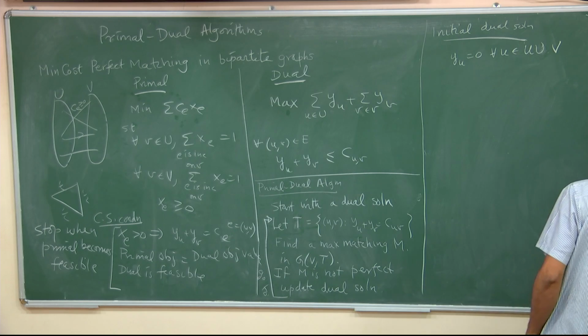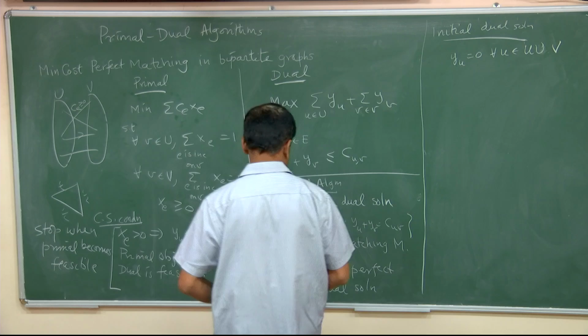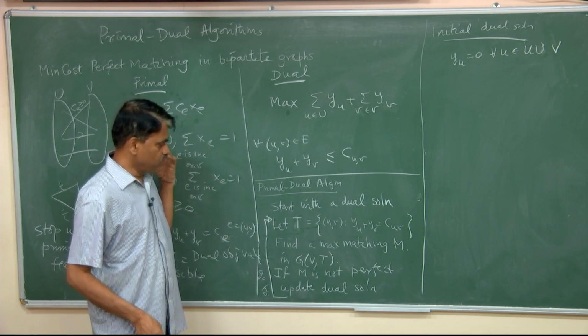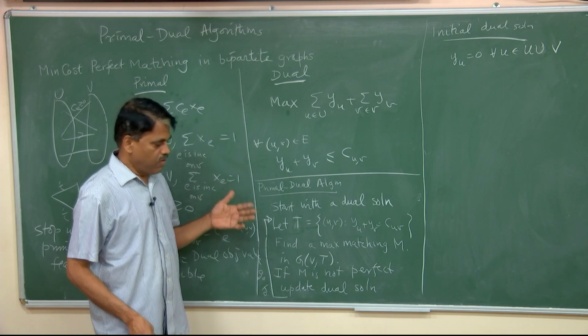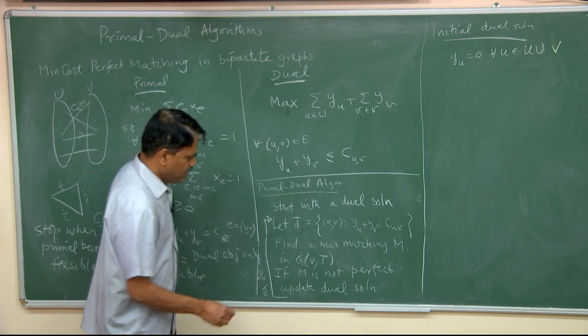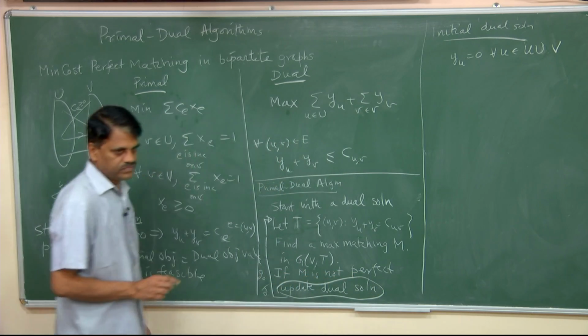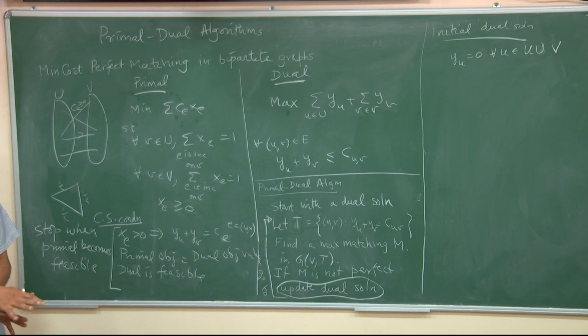So the important missing piece is this. I find the maximum matching in G with only these tight edges, and if it's not perfect, this is a black box. How do I update the dual solution? This is always the black box, and it's problem specific. That depends on the problem.